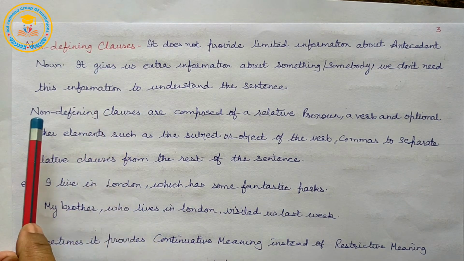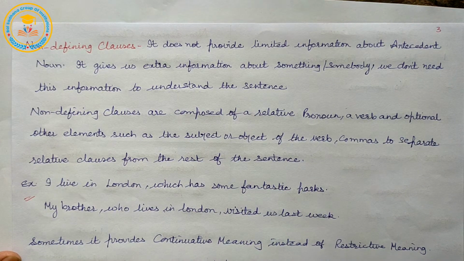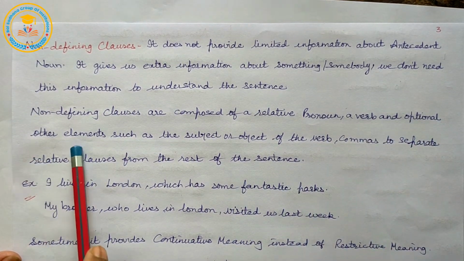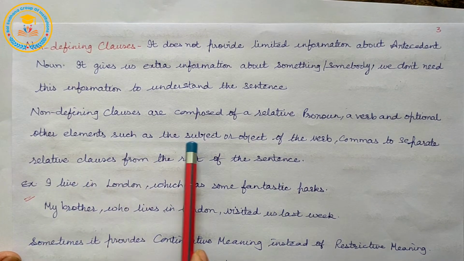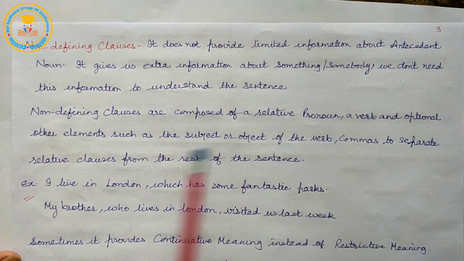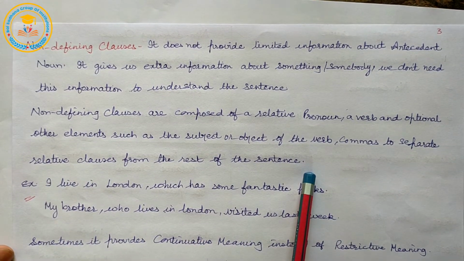So, non-defining clauses are composed of relative pronouns, a verb and optional other elements such as the subject or object of the verb, and commas to separate relative clauses from the rest of the sentence.